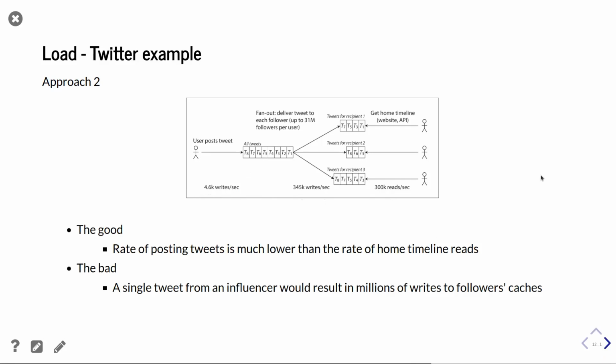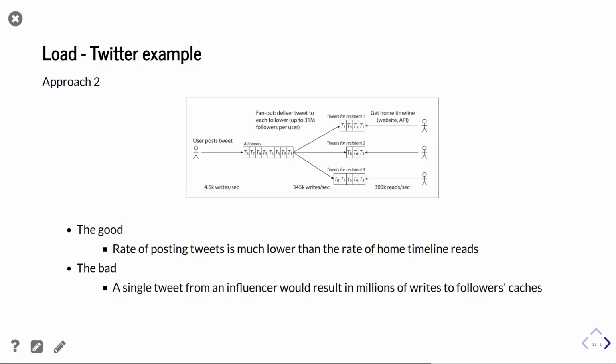The good thing about this architecture is that the rate of posting tweets is much lower than the rate of home timeline reads. So we solve one of the problems of having read requests in the order of millions of requests per second.